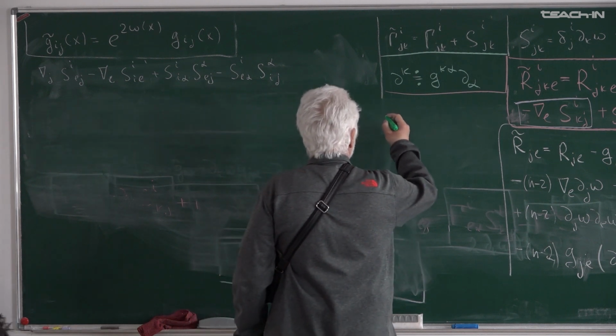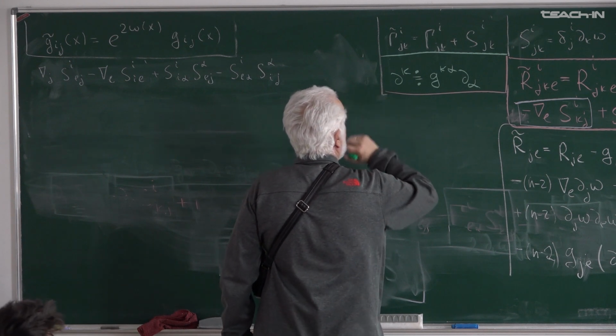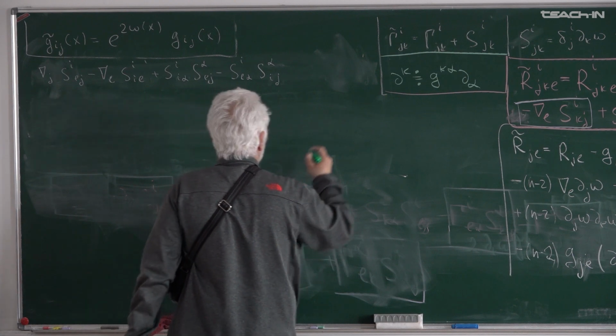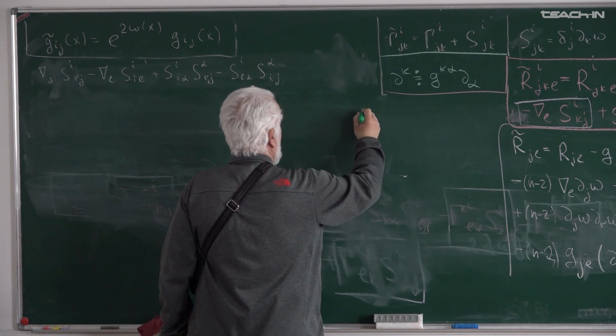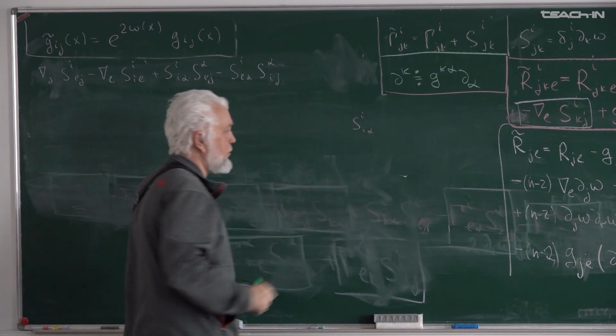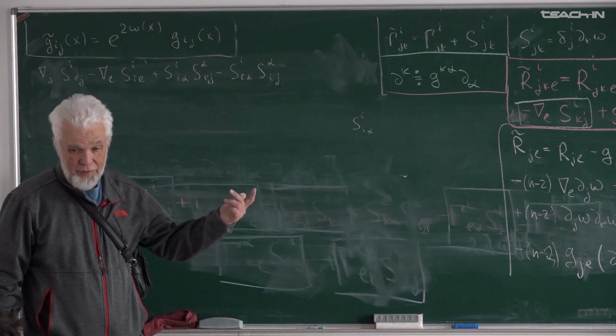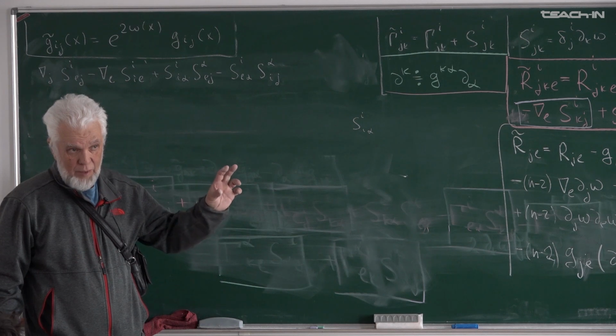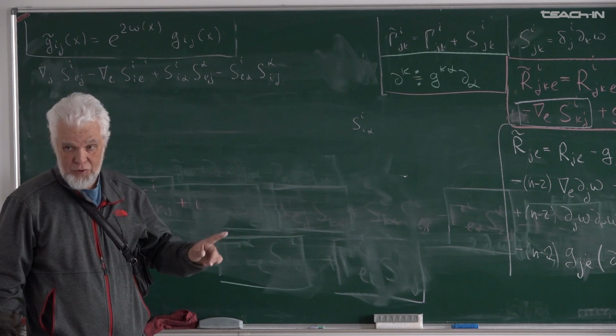Let's calculate. Let's first of all calculate this expression. S I alpha. Here you have summation with respect to I, of course. You remember, if you have upper indices and low indices, it means summation.